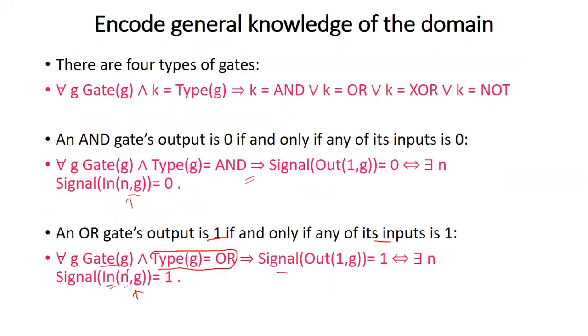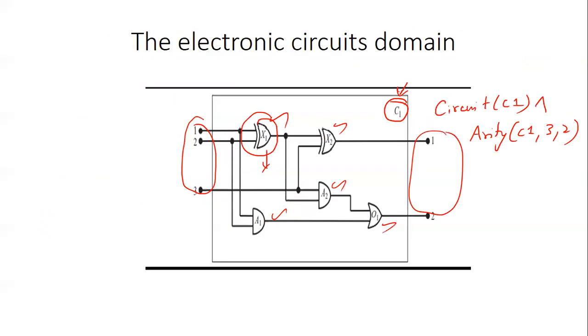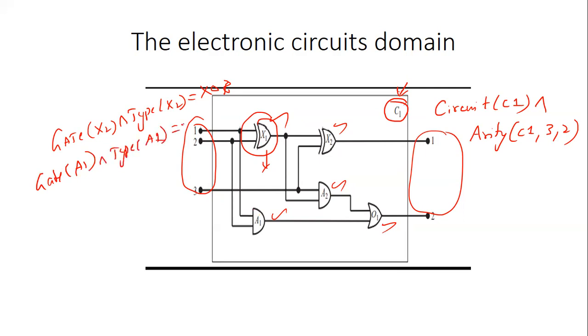Similarly, gate of X2 and type of X2 is XOR. Then A1 and A2: gate of A1 and type of A1 is AND, and gate of A2 and type of A2 is AND.